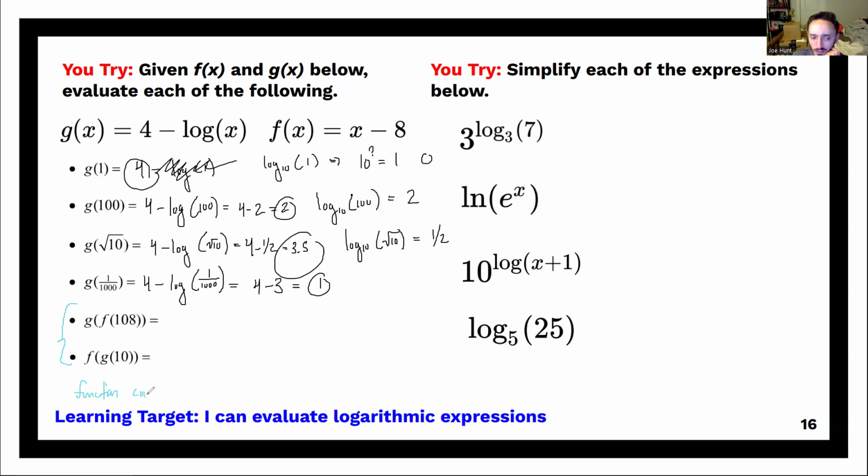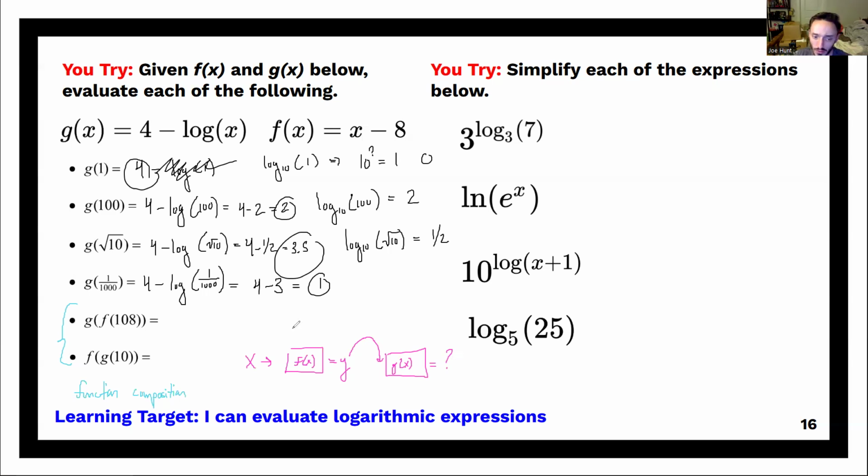Function composition is essentially the idea that you're going to take the result of plugging x into one function, which is going to give you some kind of output, right? But then you're going to take that guy and plug it into another function and see what that result is. So it's kind of like you're daisy chaining the outputs of the functions together.